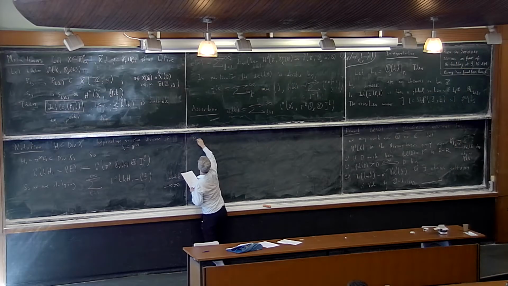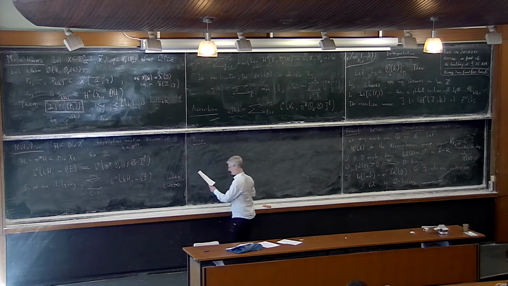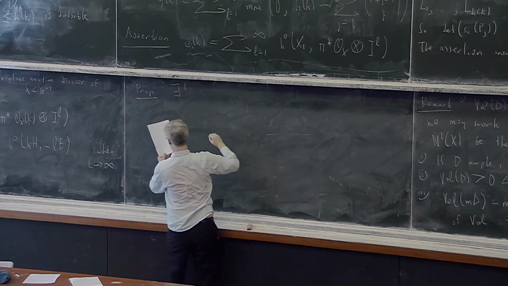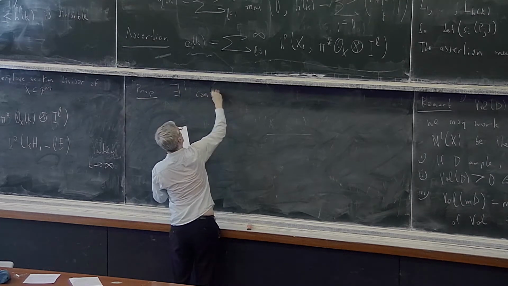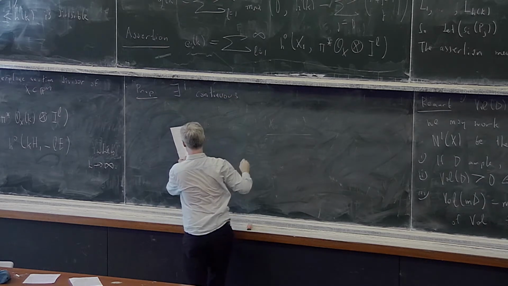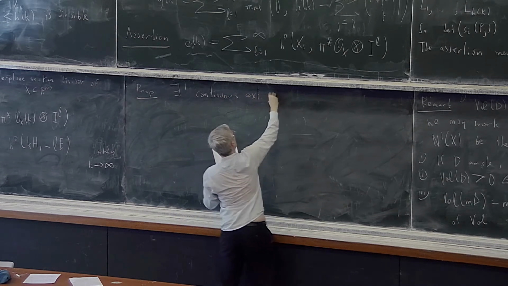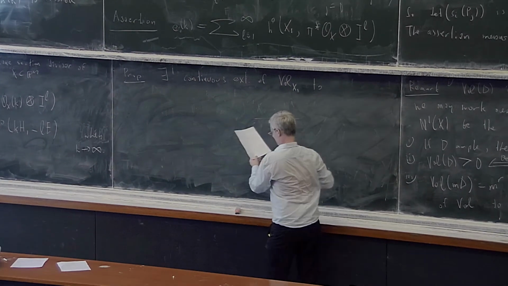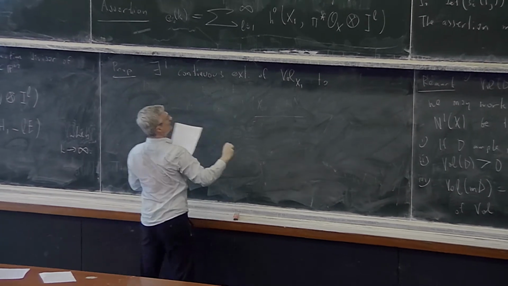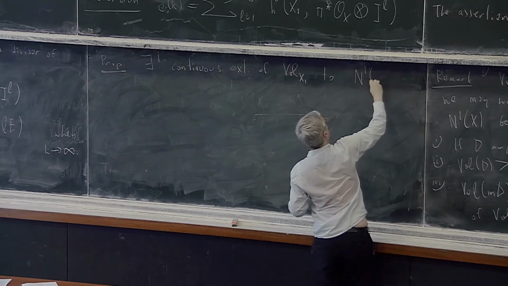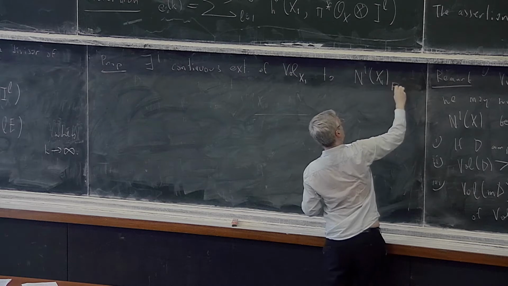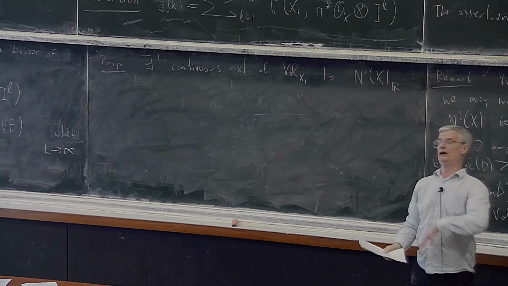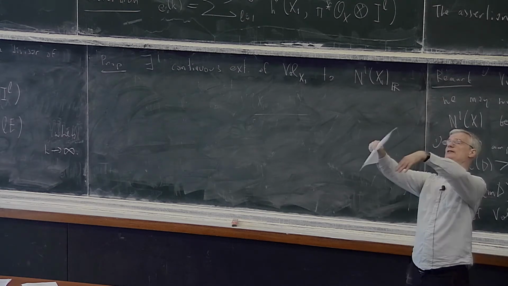So we have the following proposition. I think it's proved in Lazarsfeld's book; otherwise, it's in his papers. There exists a unique continuous extension of this volume function to the Néron-Severi group of X1 tensorized with R. This is then a finite dimensional vector space, and the function is zero outside a bounded region.